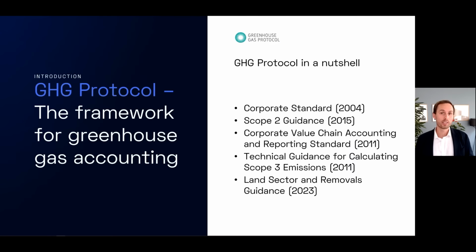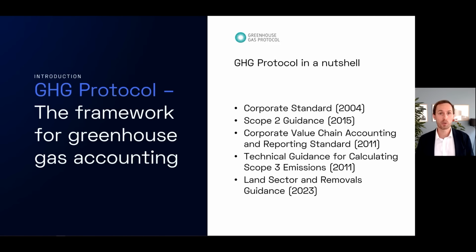One of the frameworks that gives good guidance on how to build these greenhouse gas inventories is the GHG Protocol. This is a global framework that assists companies in doing greenhouse gas accounting, whether we talk about company level, product level, or value chain emissions.